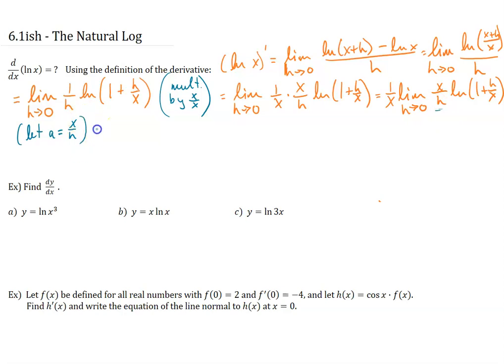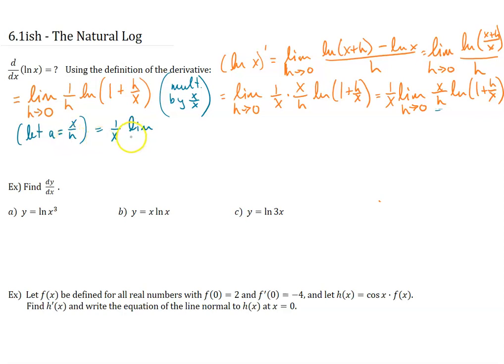Okay, so when I do that, and then I put things in terms of a instead of h, we get, now the 1 over x I'm going to keep here, so 1 over x times the limit. Now, if h is approaching 0, let's think about what a does. So if h is approaching 0 and x is operating just as a constant, any constant divided by something approaching 0 is going to approach infinity.